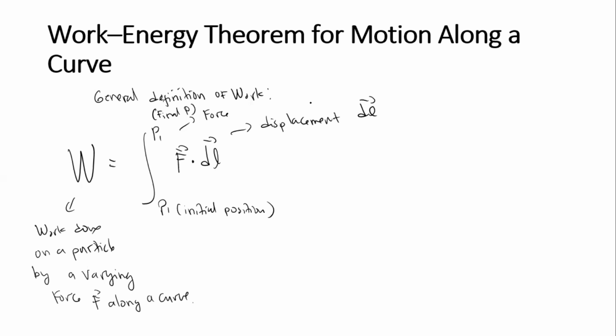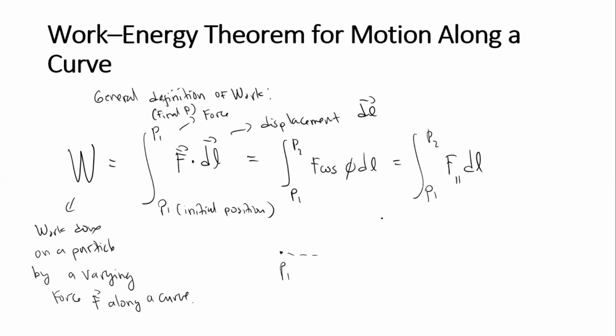So this is also equal to the integral from P1 to P2 of F cosine phi times dl, or the integral of F parallel dl, the component of F parallel to dl. So for example, this is your point 1, and this is your path, moving along the curve.